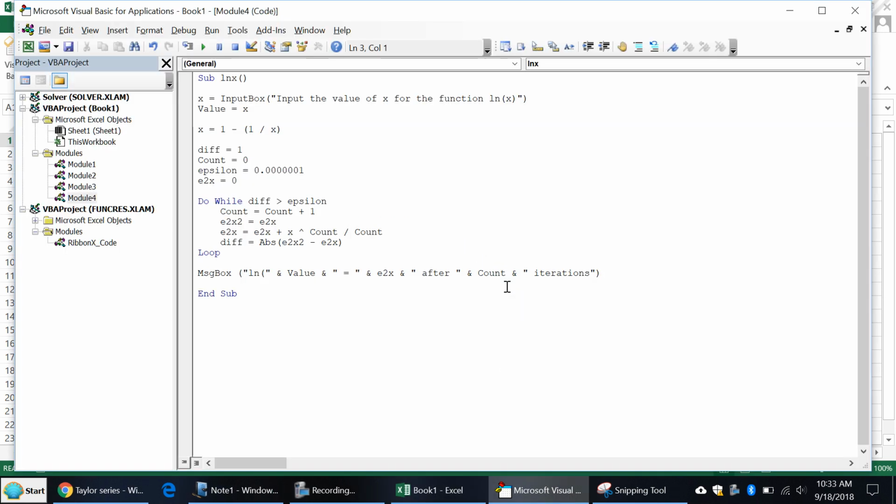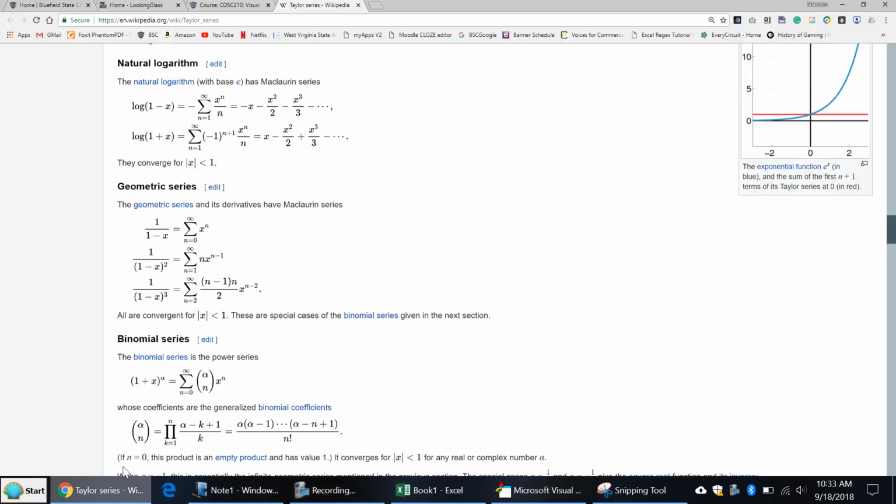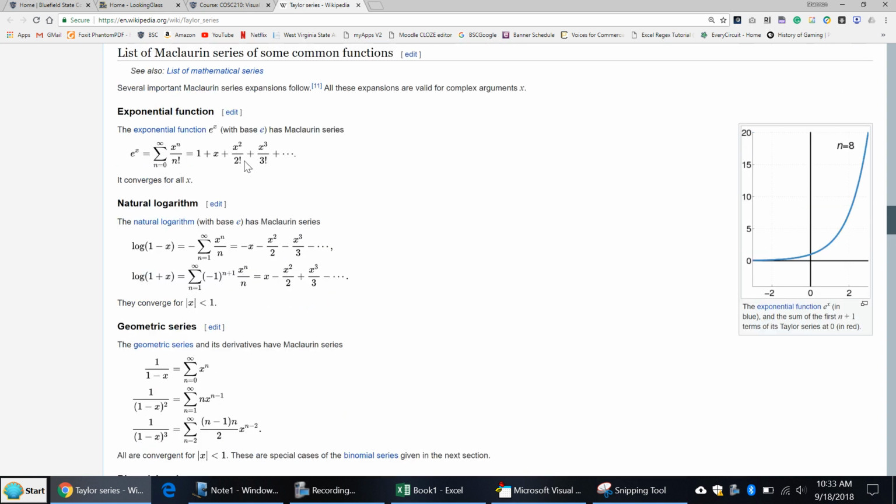I'll give you some insight as to why it took longer to get there. It has to do with these values here. They just grow linearly, whereas when we looked at e to the x, these values down here grow factorially. So it just takes a few more iterations because your numbers aren't growing as fast when you're dealing with the log versus the inverse log or natural log.